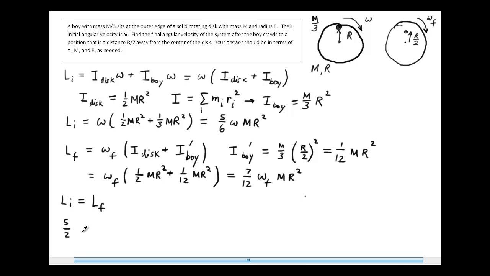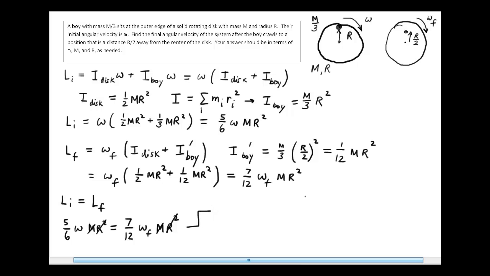That's not right. 5/6 omega times m r squared equals 7/12 omega final m r squared. And because both masses, the disk and the boy, are both related to this symbol m, we can divide both sides by m and they cancel out. We can divide both sides by r squared, and those terms cancel out.